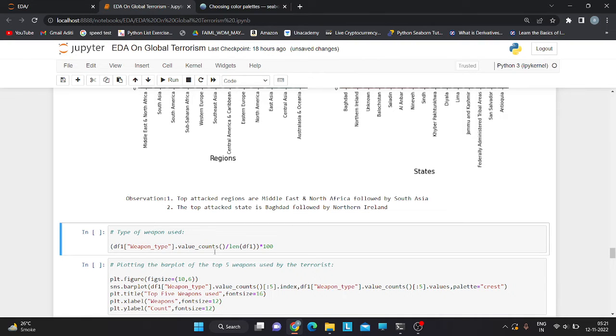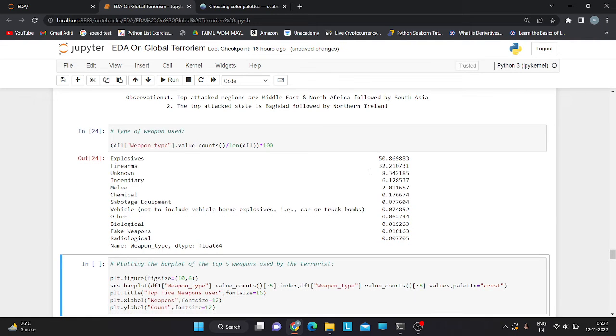Now what types of weapons are used by the terrorists, the most common types of weapons which are used, let us see the percentage of it. So explosives are used exclusively, more than half is only explosives. Then firearms 32%, unknown 8%, and so on.